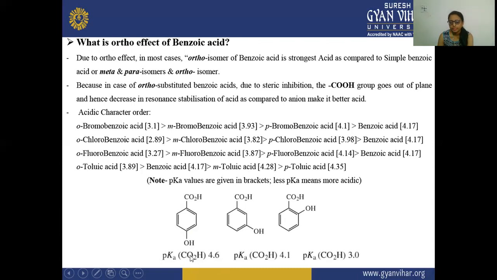So this is less acidic as compared to the ortho, because the ortho position is much more acidic than the meta and para substituents. The ortho has a pKa of 3.0, which is why it is more acidic than the meta as well as the para.